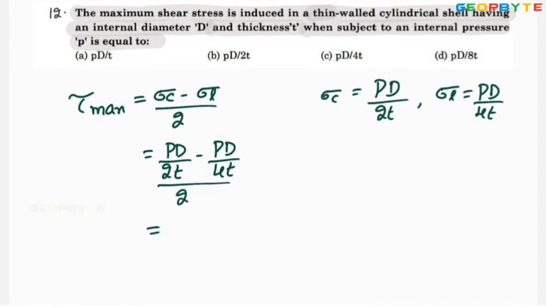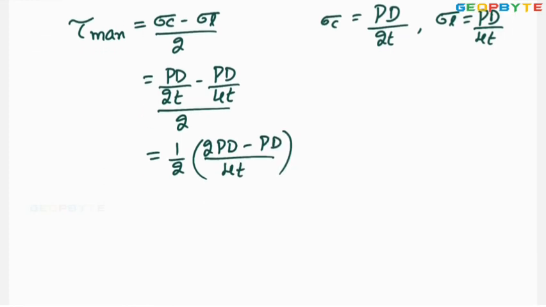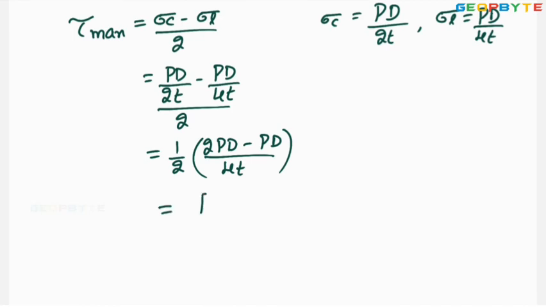It is equal to 1 by 2 into 2PD minus PD by 4T. Simplify this value to get PD by 8T. This is the maximum shear stress developed in the thin cylindrical shell.